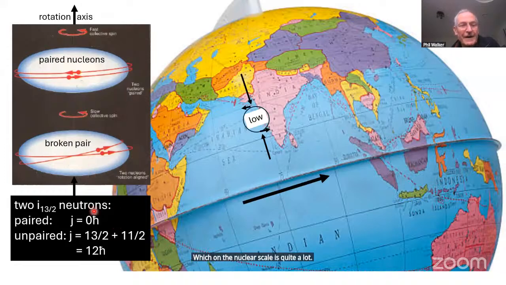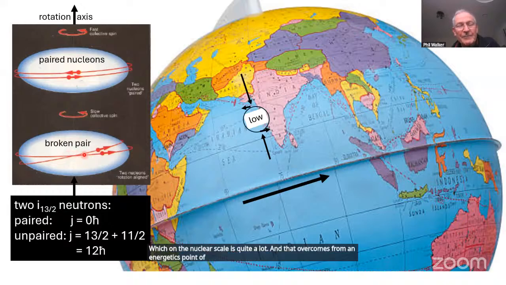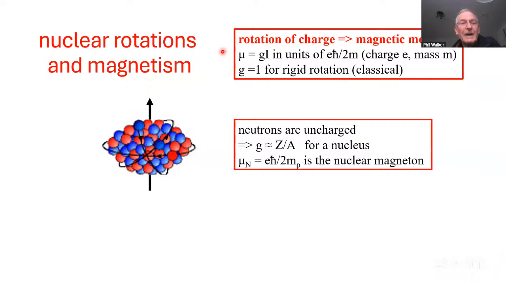And that overcomes, from an energetics point of view, the energy needed to break a pair of nucleons. So that was just thinking about the straight rotation of objects.